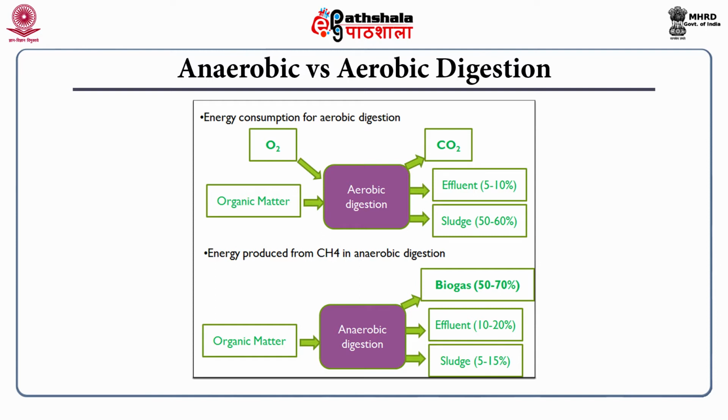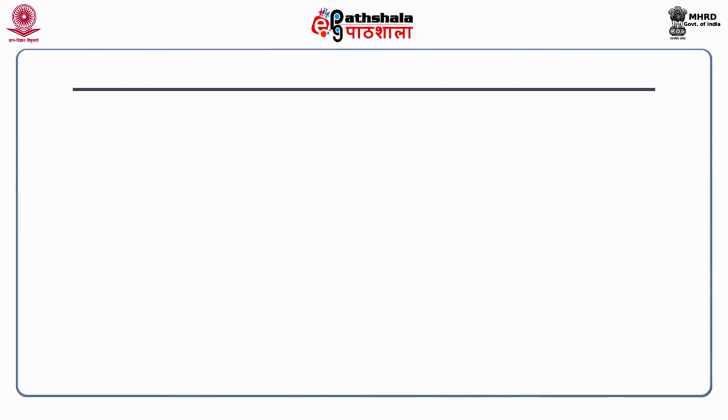While in anaerobic digestion, the organic matter undergoes digestion in the absence of oxygen and produces biogas, which is the major component at around 50 to 70%, and sludge content is only 5 to 15% and effluent content is around 10 to 20% depending upon the feed material. So, in aerobic digestion the energy is consumed, while in anaerobic digestion the energy is produced. Now, we will see the biogas production process, the biochemistry and microbiology of biogas production.